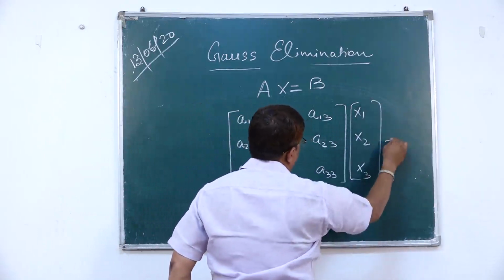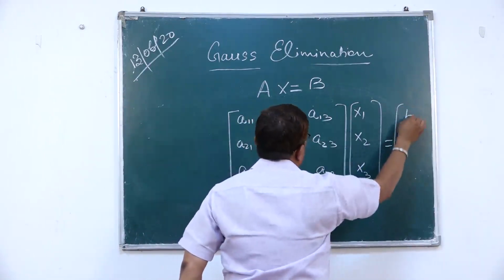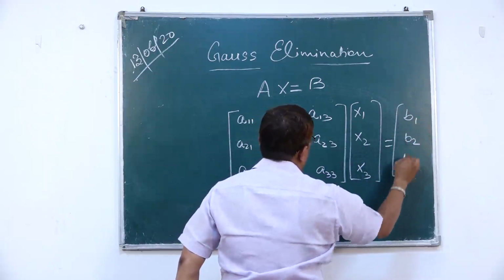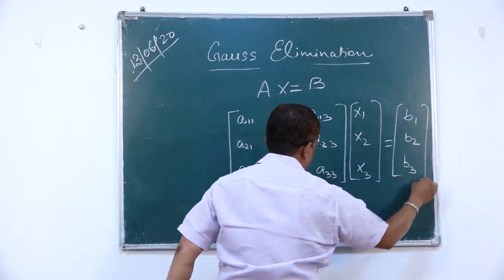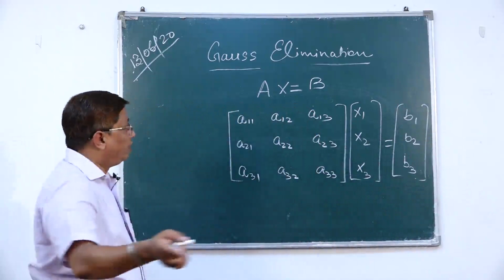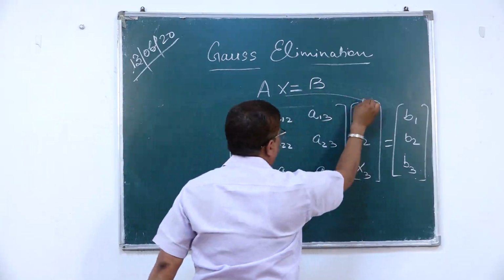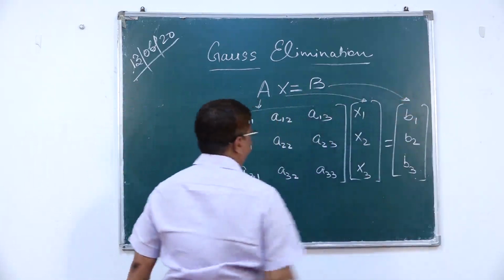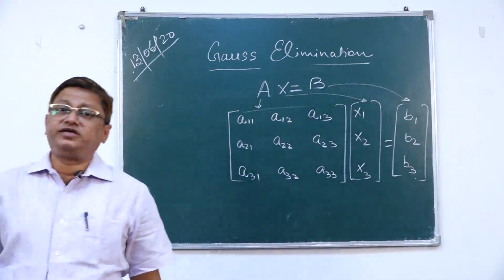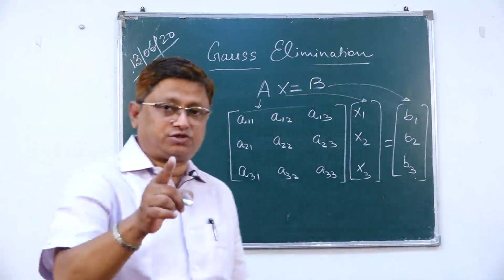This is called X. And B: B1, B2, B3. Here, this part is called A, this part is called X, and this part is called B. How to find the unknowns x1, x2 and x3?